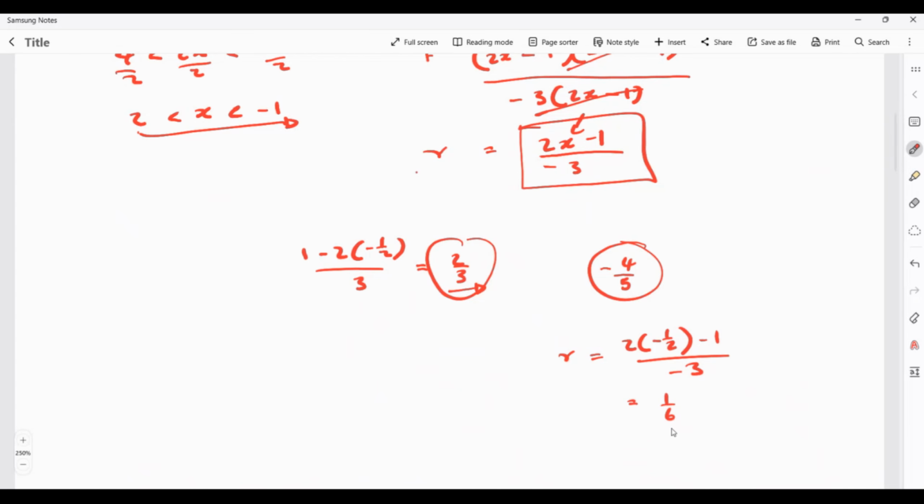So now you have r, and you also have a. This is a, by the way. So the sum to infinity will be equal to a over r minus 1. What is your a? It's 2 over 3. What is your r? 1 over 6 minus 1.